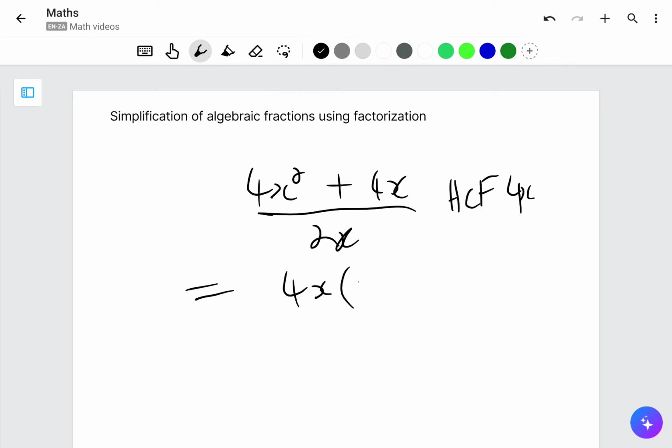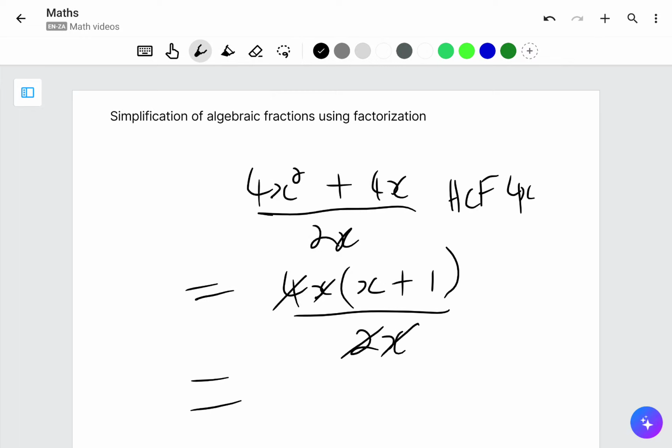So I can take out a 4x and I'll be left with x plus 1 over 2x. Now I know x goes into itself once, 2 goes into 4 twice. What am I left with? x plus 1, and that would be my answer.